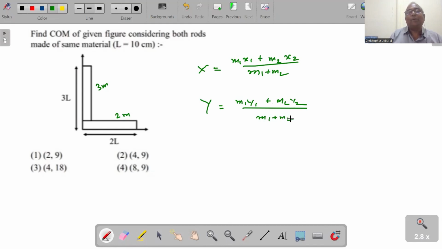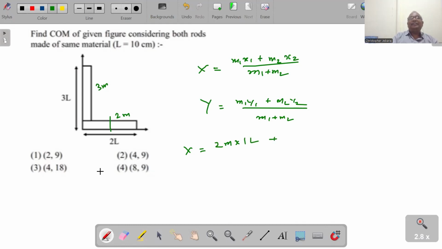Now let's do the first case, x. m1 is 2m. And x1, this is important, this is a rod, so it's not a particle when finding the position. Here the position is the midpoint of the rod, which is 2L, not 2L, the total length is 12, so here it is 1L.